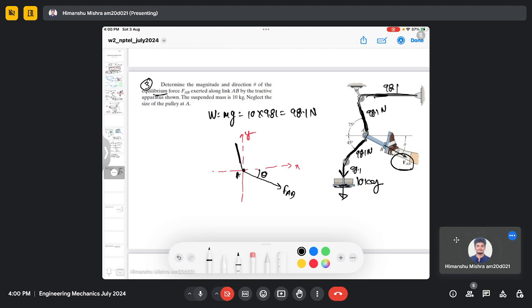This is point A, and let's say this is C and this is D. So this is force AC, which is W or 98.1, acting at an angle of 75. And this is AD, which is again W or 98.1, acting along 45. So force AD and force AC are 98.1 Newton.